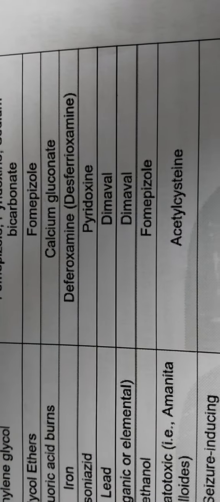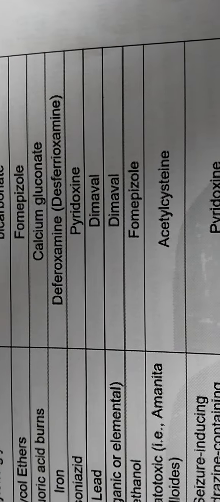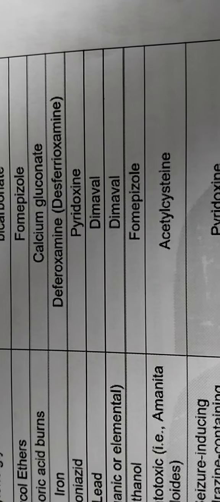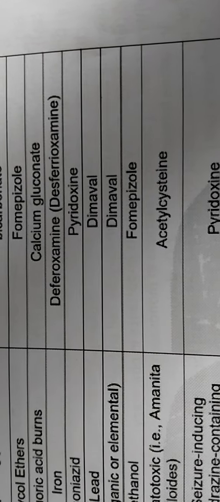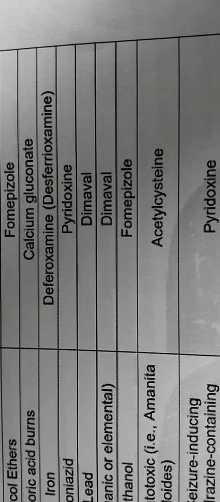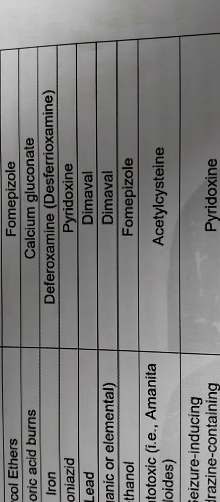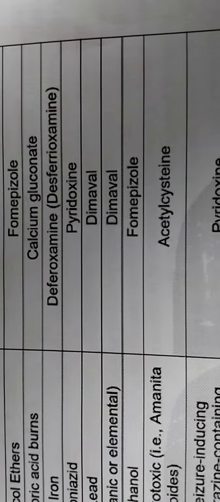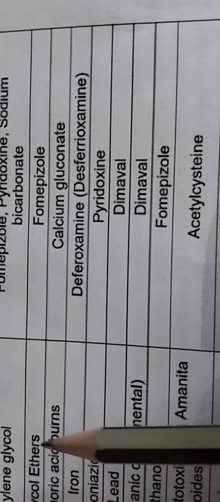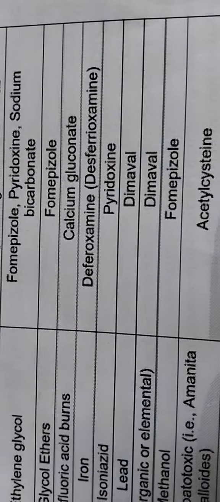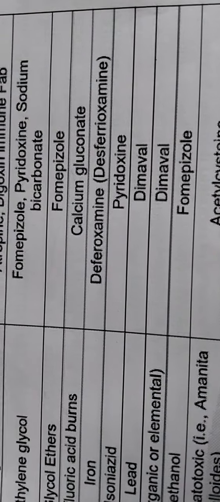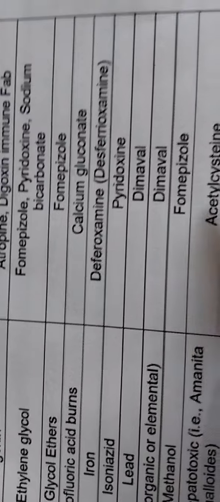Then for poisoning of iron, deferoxamine is used. For poisoning of isoniazid, pyridoxine vitamin is used. For poisoning of lead and mercury, dimaval is used. Again for methanol and glycol ethers, the same fomepizole. For paracetamol we had seen acetylcysteine.